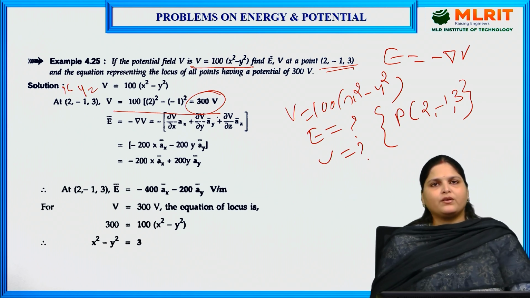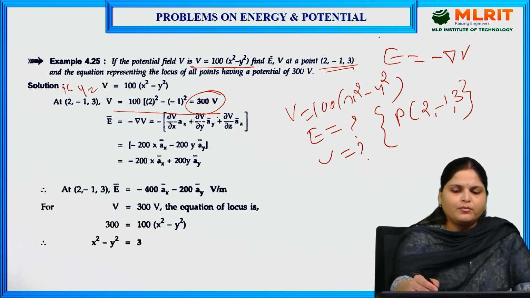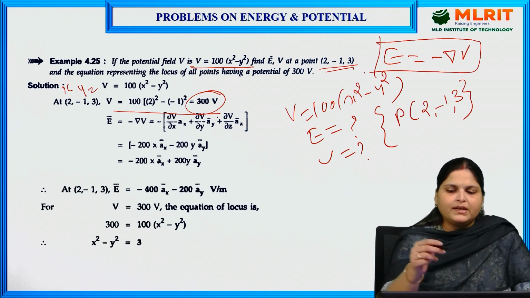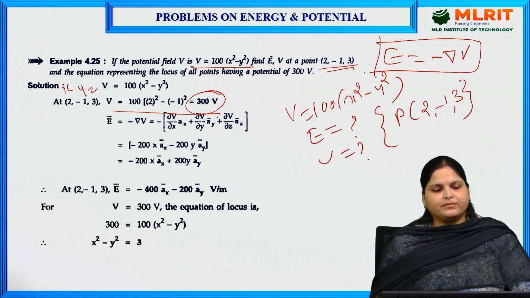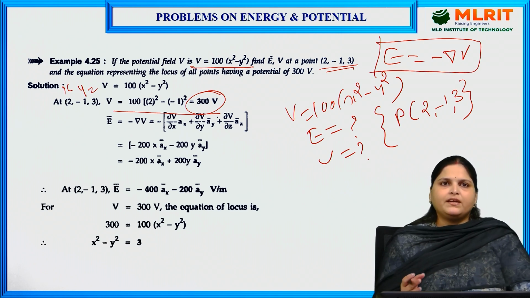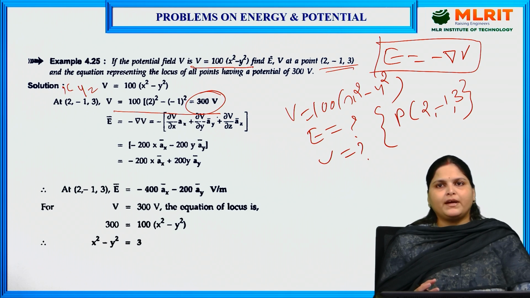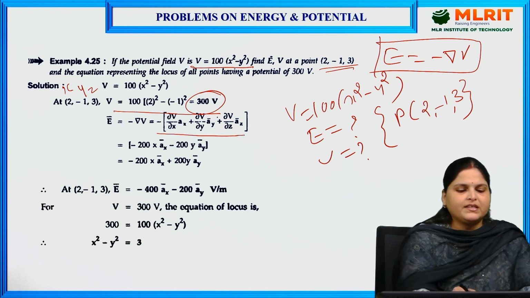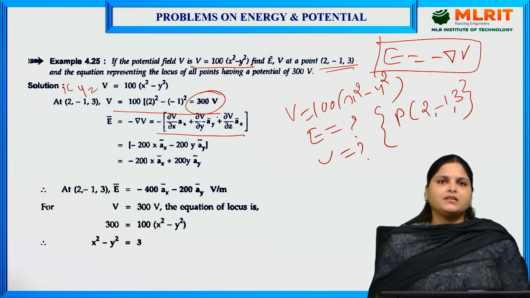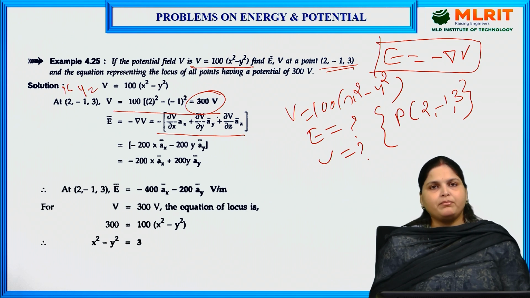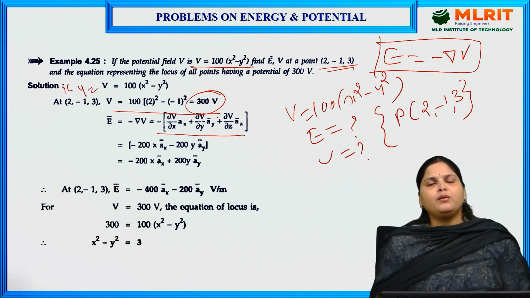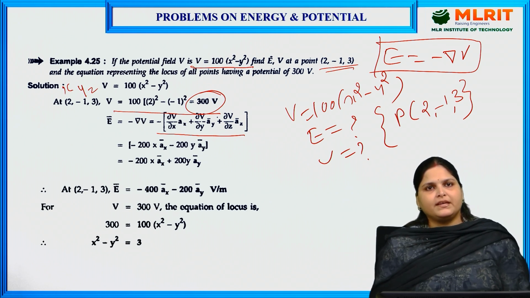Now we have to calculate E. So we already know the formula. E is equals to negative gradient of V. This negative gradient, or we can say del operator, we have to write for x, y, z coordinates. So it will become minus dou V by dou x Ax plus dou V by dou y Ay plus dou V by dou z Az.